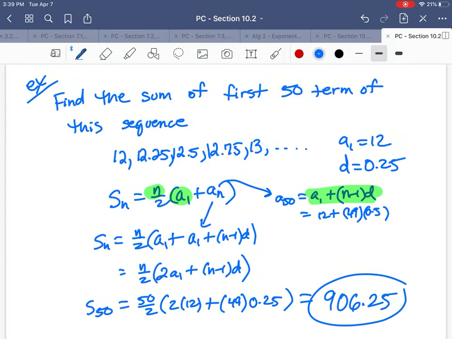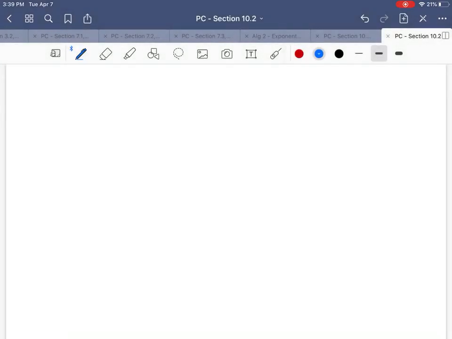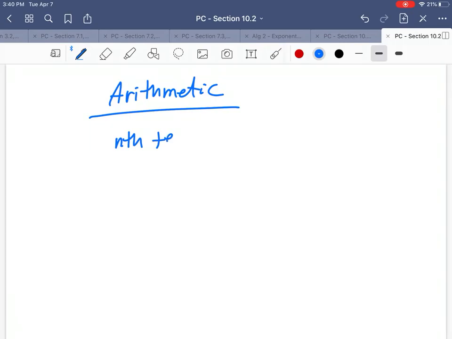So anyway, let's summarize the formulas that we've done. For an arithmetic sequence, the nth term formula is an equals a1 plus n minus 1 times d.